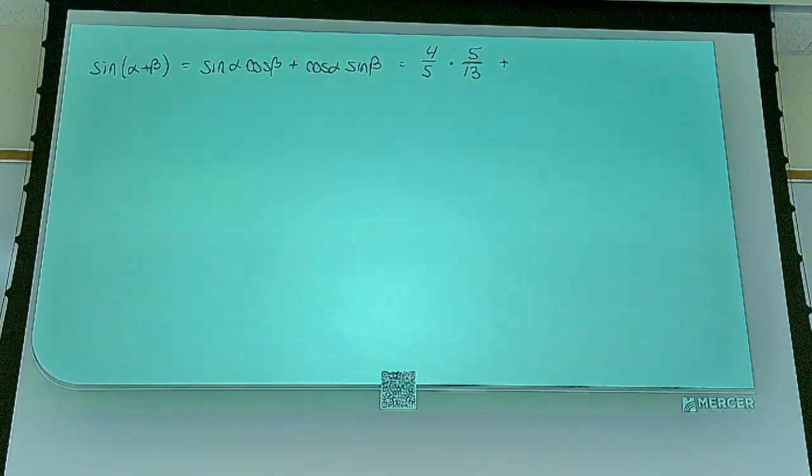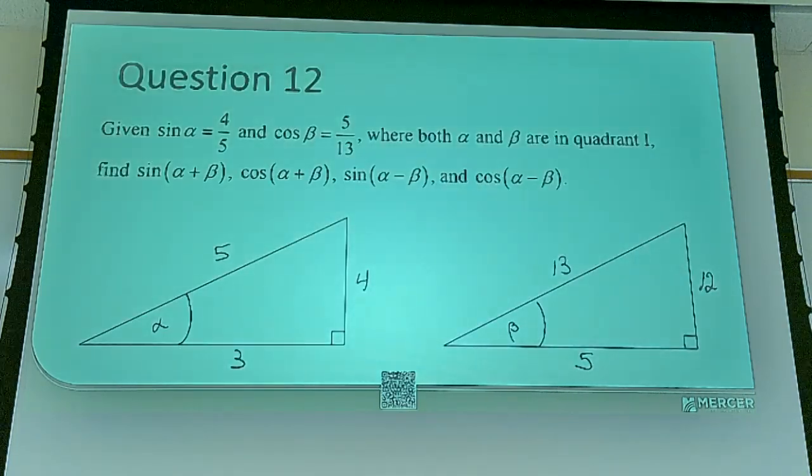What is cosine of alpha? 3/5, because we have this 3, 4, 5 triangle.